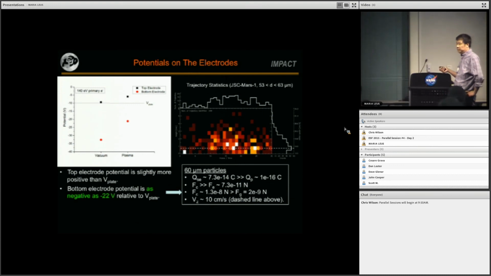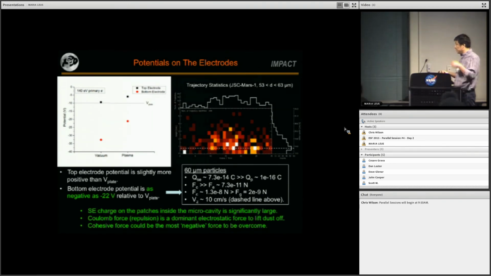It's much, much larger than the plasma charge. And the Coulomb force is much, much larger than the sheath electric field force. And also now, it's larger than the gravity. So we have a chance to lift dust particles. And I convert electrostatic potential energy to kinetic energy of the particles. You get a launch speed of about 10 centimeters per second, which is this dashed line in this plot.